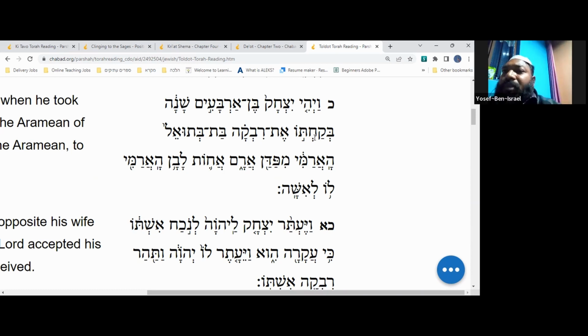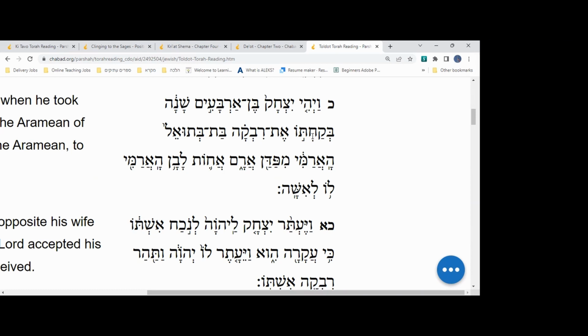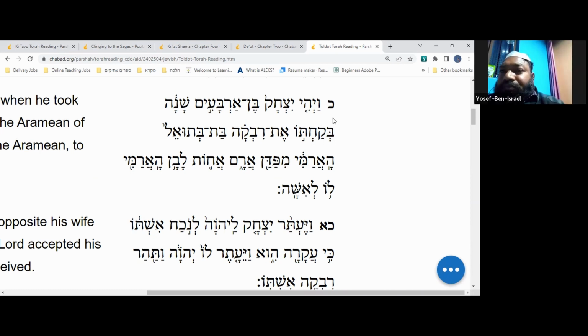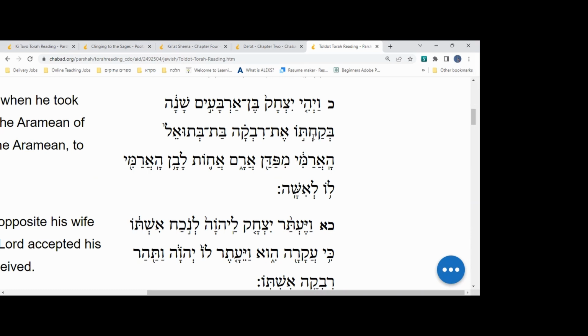If we were to pronounce this shva as a sounded shva, like the bet, then we would say bekacha, but that's incorrect. It's a silent one. It should be no vowel. It's just telling us that this is the end of the syllable, which includes the previous letter.